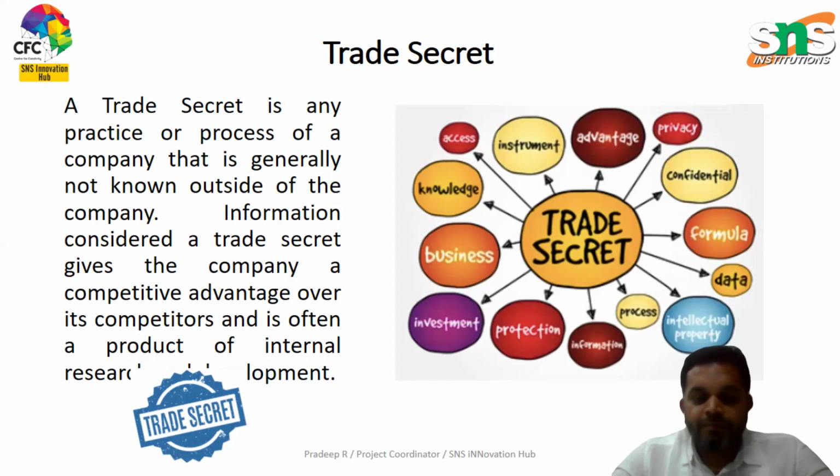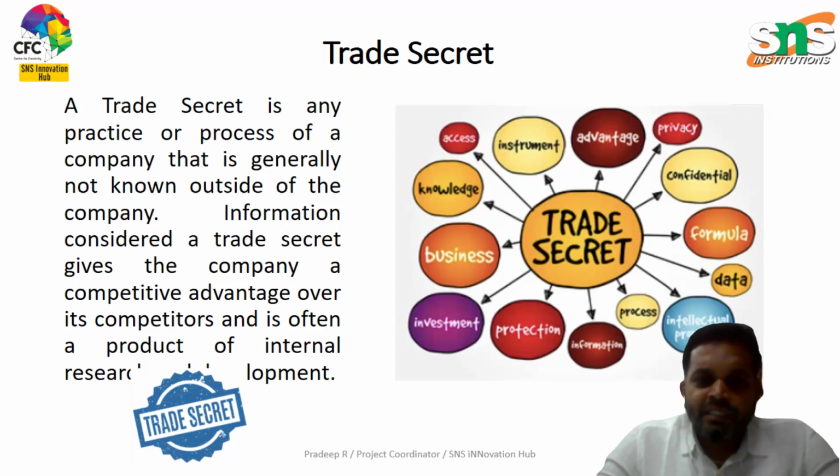So what does it mean? For a business, for example, let's talk about a contracting company. There might be lots of companies. We might have seen in earlier movies that someone will take the contract copy and go and sell it to a competitor company, getting some money, a bribe and all.